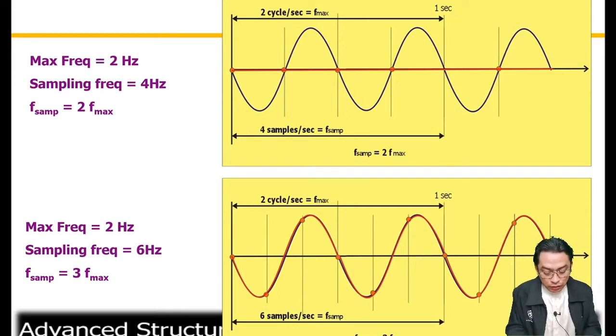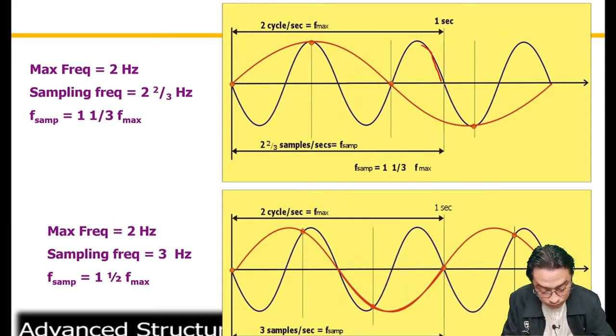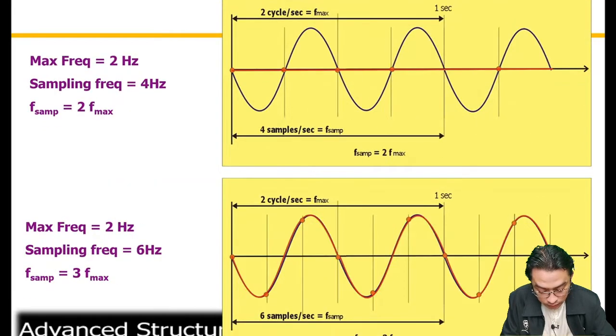But of course, if you look at the display, it does not look smooth like this. Actually it should look like this, very sharp.